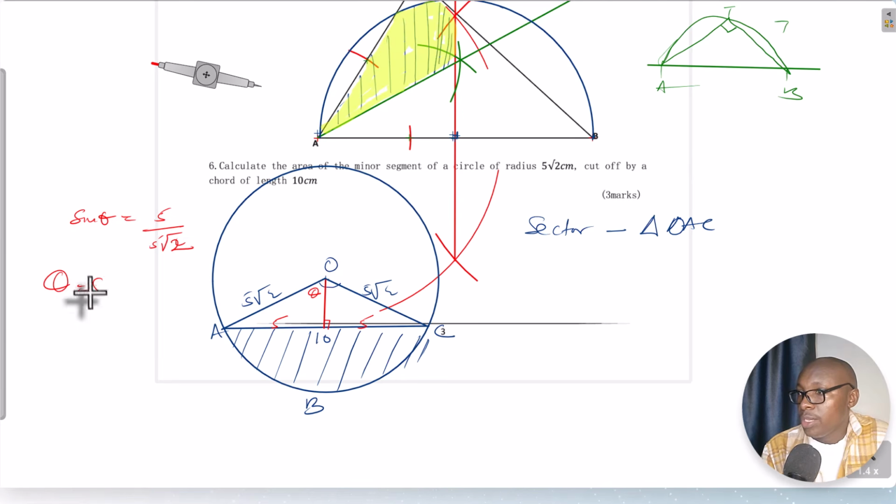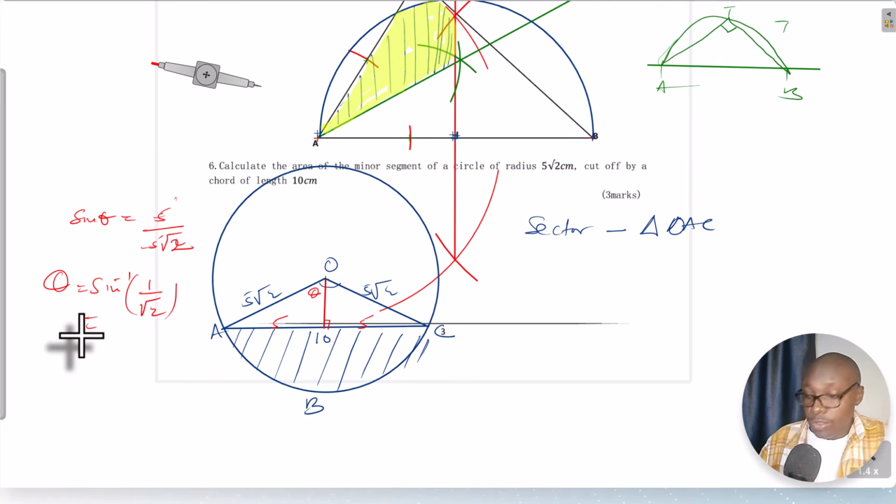So theta will be the sine inverse of 1/√2, because 5 will divide out. Using a calculator, this gives you 45 degrees. And so the whole of this angle here will be 90 degrees.